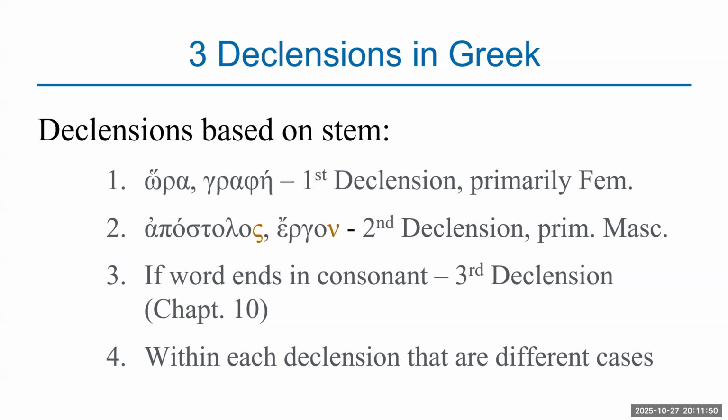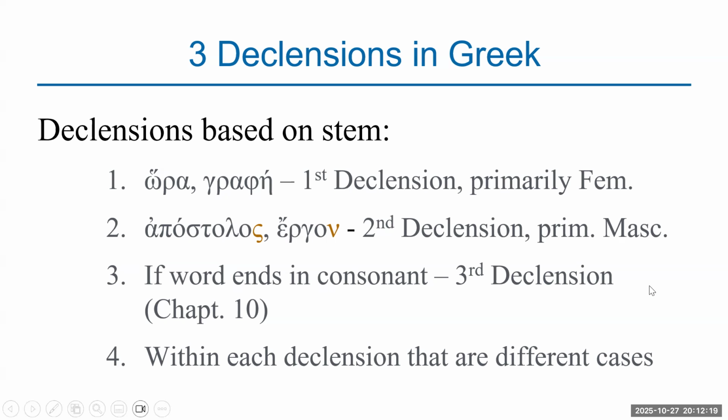But the first declension is primarily feminine, and some examples are hora and graphe. The second declension is primarily masculine. Some examples are apostolos and ergon. And then the third declension, we're going to cover more of that in chapter 10. But the word that's translated Israel from Greek is one of those third declension.